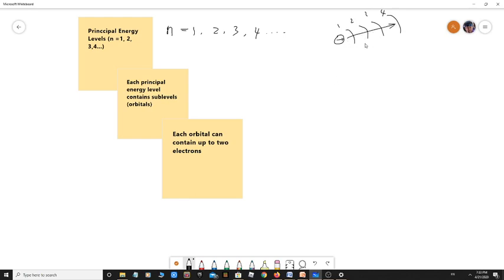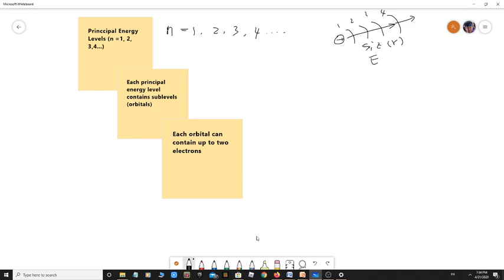Not only does the radius get bigger, but so does the energy. Electrons located on a lower n, like the first or second layer, are generally considered to be lower energy than the electrons on the third or fourth layers, and it goes on. Just a reminder, we have learned that these integer numbers also correspond to the period number on the periodic table. We'll talk about that in more detail later on.